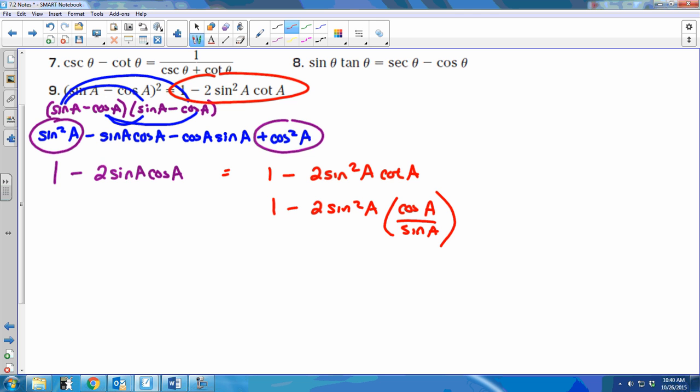If I do that, then what can I get rid of? I can cancel out one of the sine A's, right, because I have sine squared. So now I have 1 minus 2 sine A times cosine A, which is what I had on the other side.